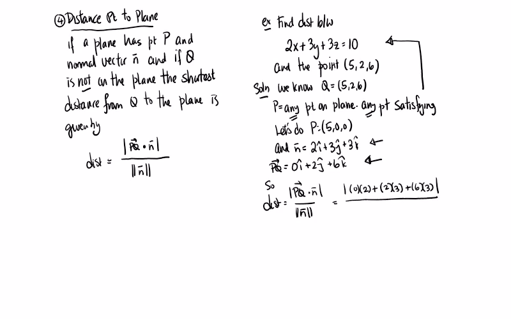Now, for what it's worth, we didn't derive this formula, so you shouldn't necessarily look at it and say to yourself, oh, it's screamingly obvious. The one for the line, we figured out where it came from. This one, I'm just handing it to you. And then the magnitude of n is the square root of 2 squared plus 3 squared plus 3 squared. This simplifies a little bit, not overly necessary. At the top we've got 6 plus 18, 24, and we've got the square root of 4 plus 9 plus 9, which is 22. And that's the final answer.